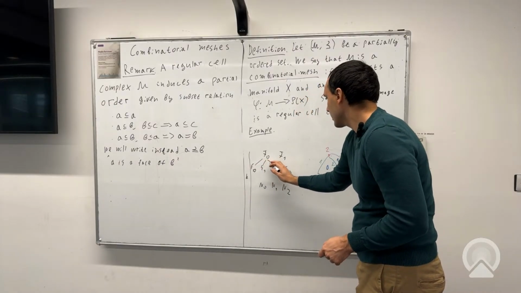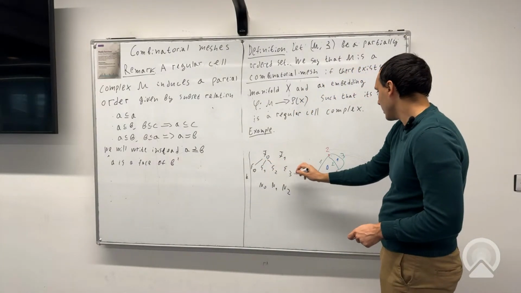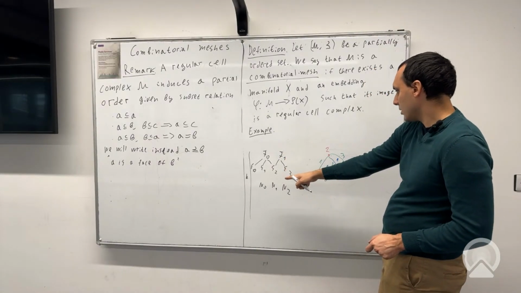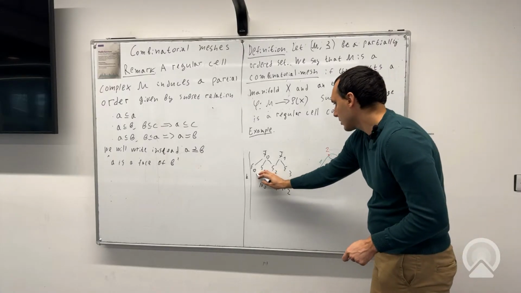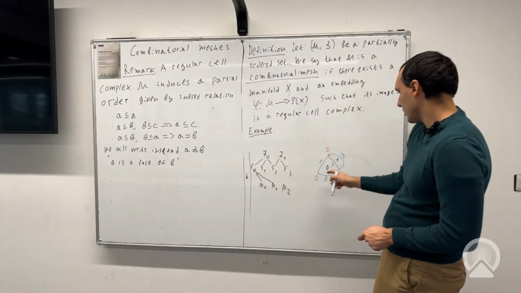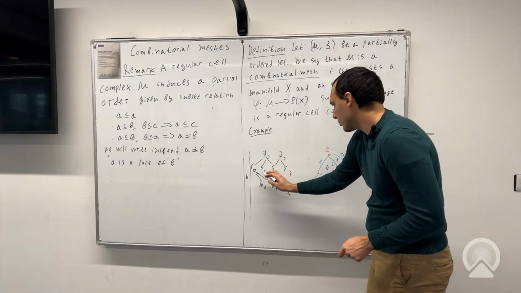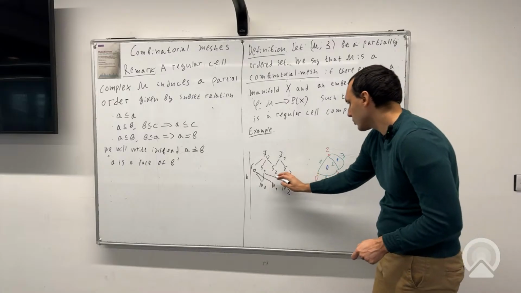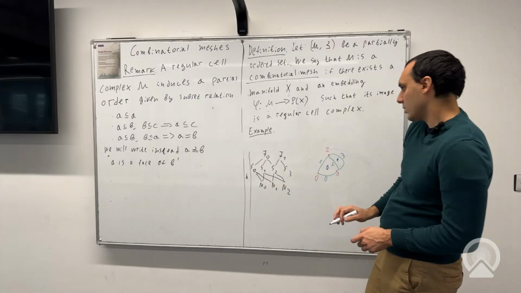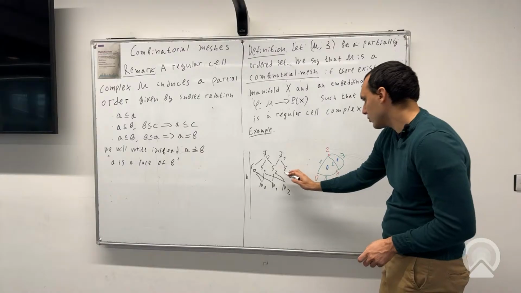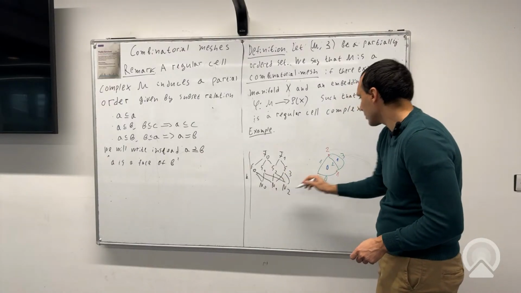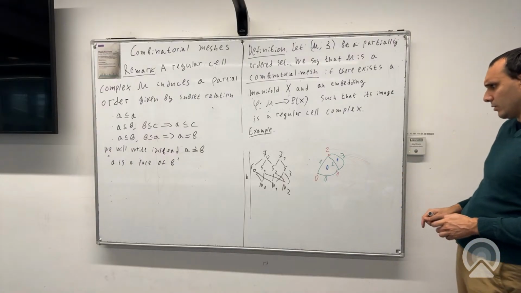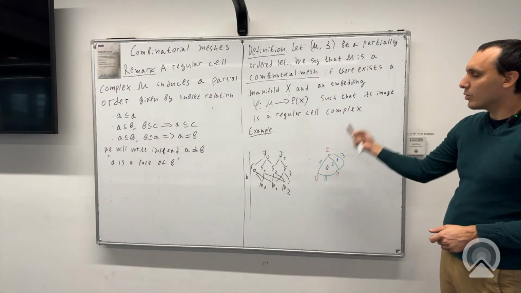F0 has these relations, and F1 has these relations. E0 is this here, E1 is 0, 2, E2 is 1, 2, and E3 is 1, 2 as well. This is called a Digon, I don't know how it's pronounced, but this is a polygon with only 2 edges.